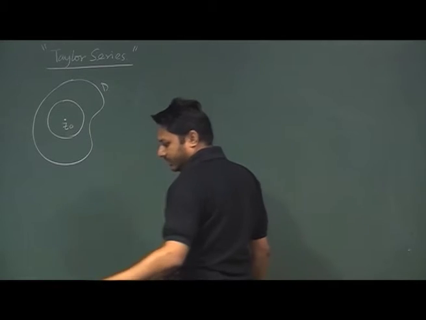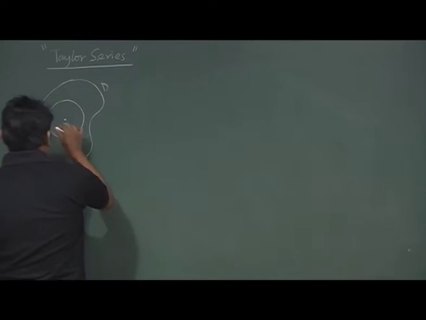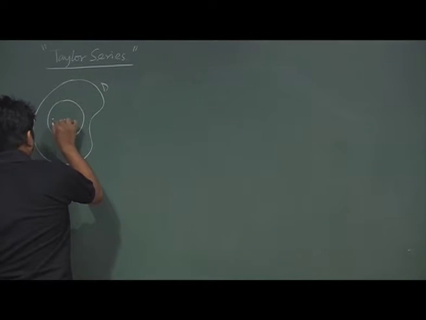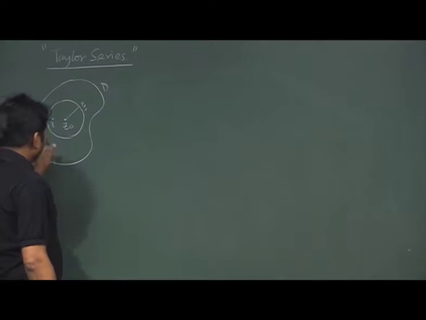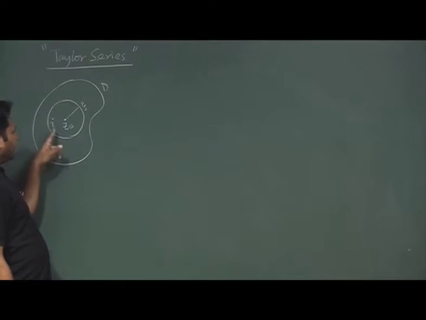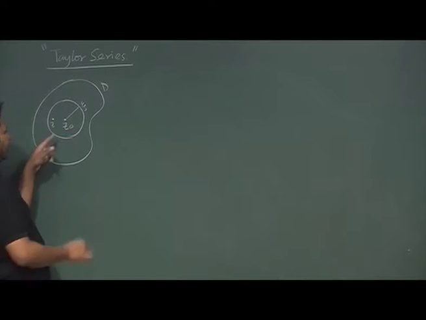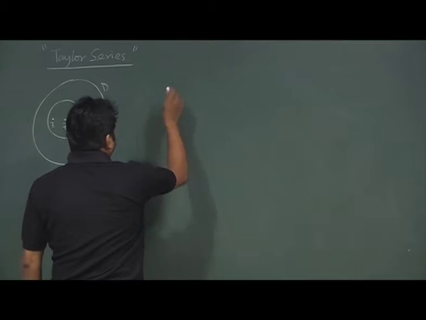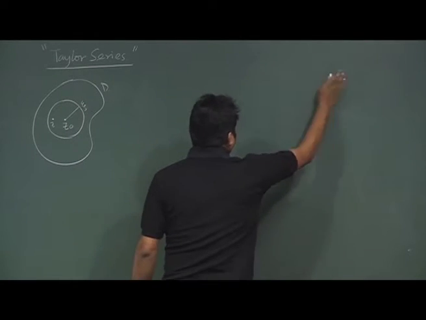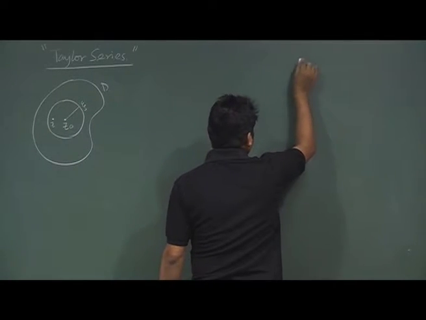If I have some point z here, and this radius, so inside that I am expanding. So z is a point inside this region. Then let me first write the Cauchy's integral formula, because I am going to use that.